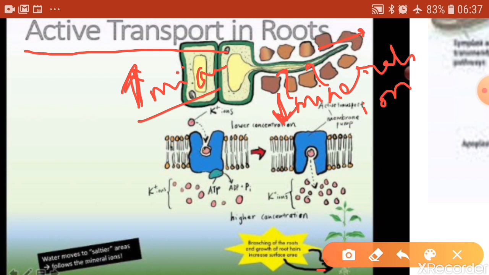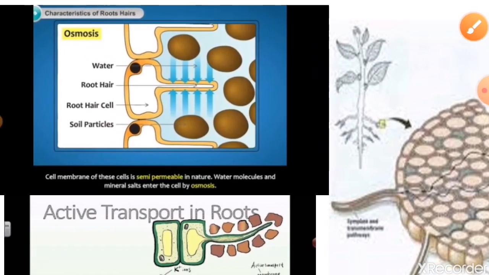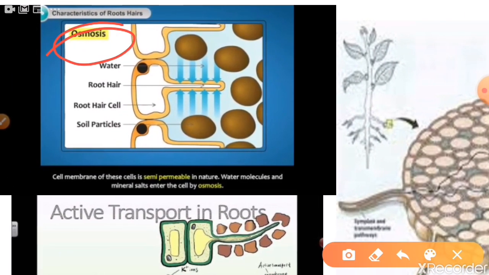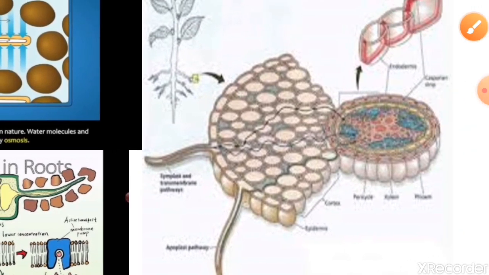And because of this active uptake of minerals or ions by the root hairs, water is absorbed by the process of osmosis. So water is absorbed by osmosis and minerals are taken up by active transportation. So this diagram, just have a look at this diagram.